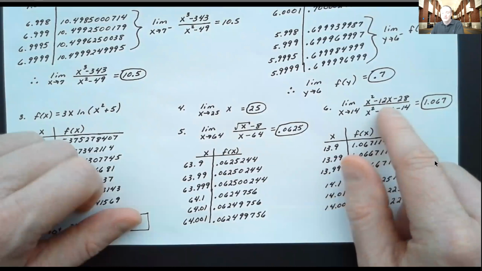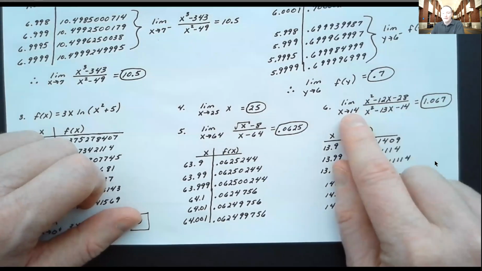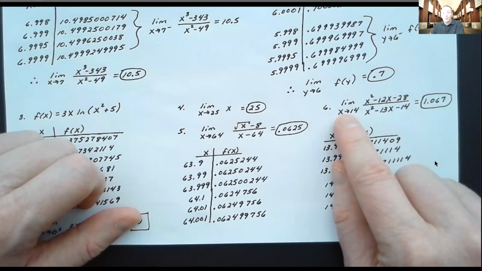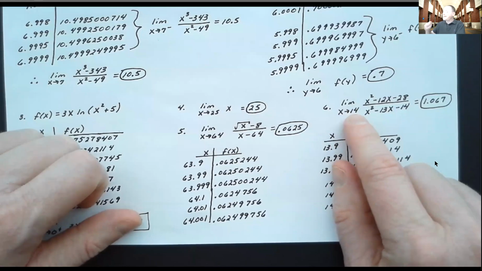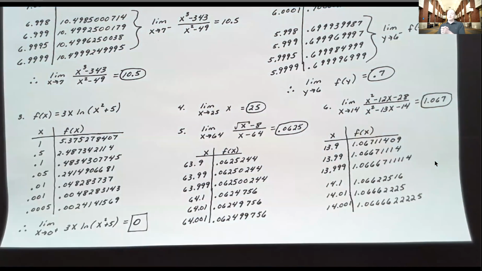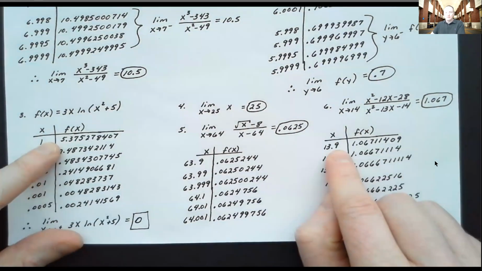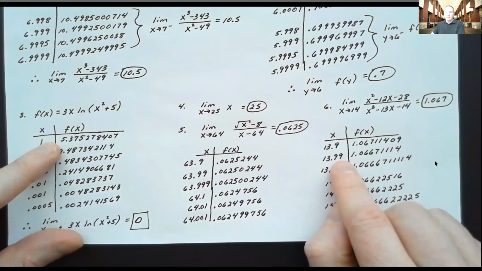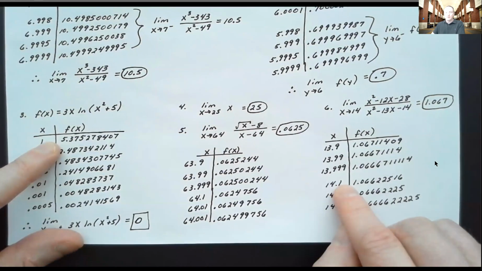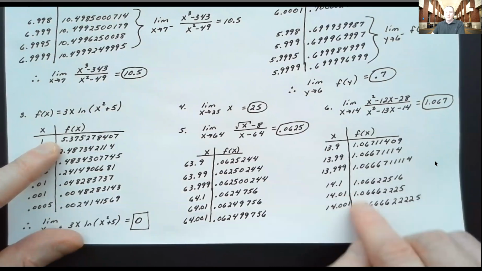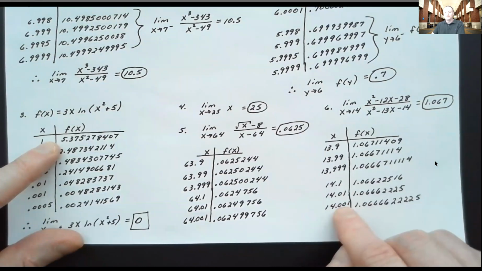So I was given this rational function and asked to find the limit as x approaches 14. Every single time that's the case, guys, I think it's very straightforward as to what you should do. I would always go 1/10th of a unit to the left, 100th of a unit to the left, 1,000th of a unit to the left, 1/10th of a unit to the right, 100th of a unit to the right, 1,000th of a unit to the right.